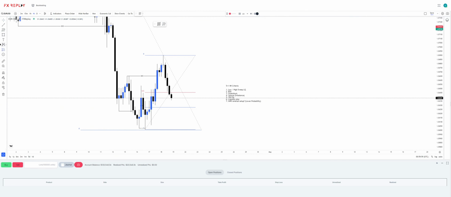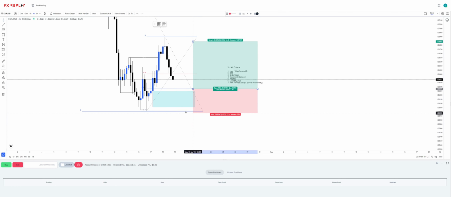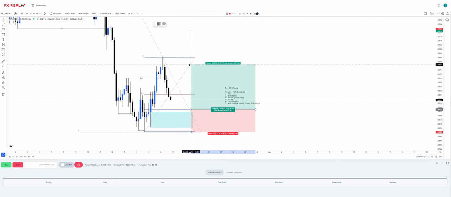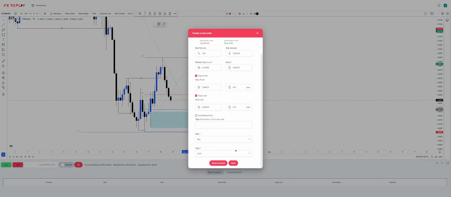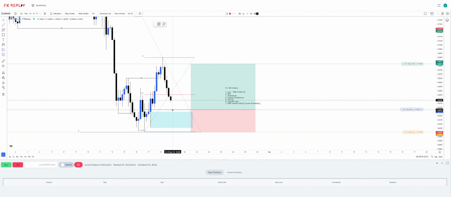Okay, we have our valid order block, wick zone that started the volume. We have our Fibonacci, so we're ready to place our limits. 2 risk to reward, and then refined entry on our order block.